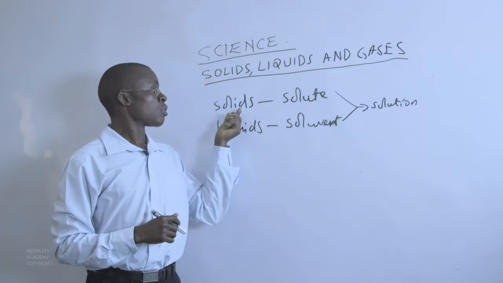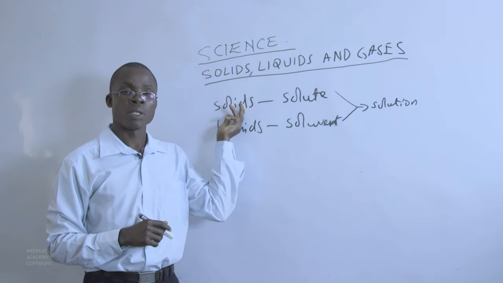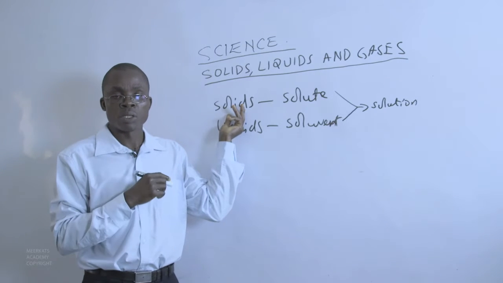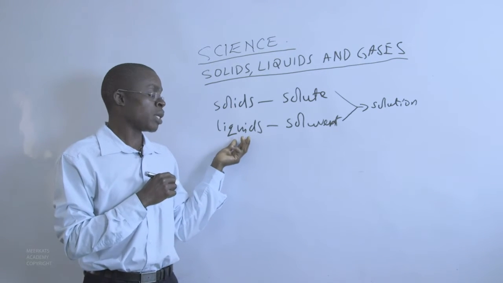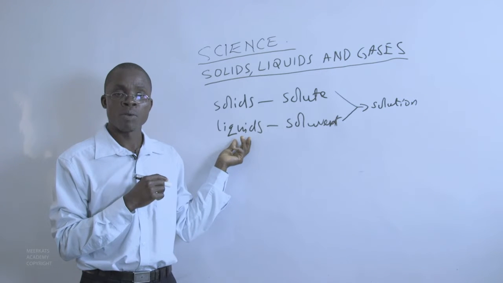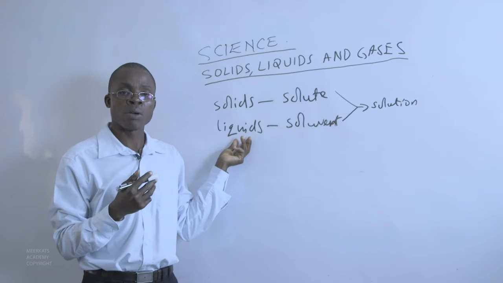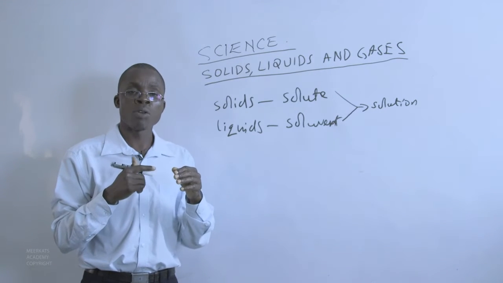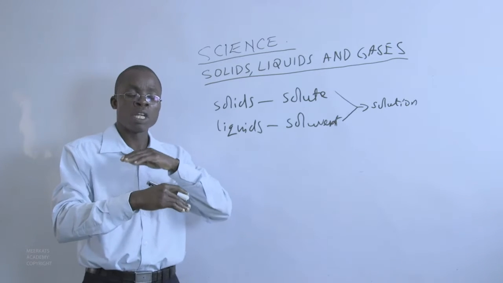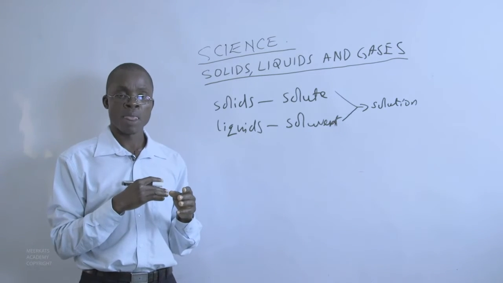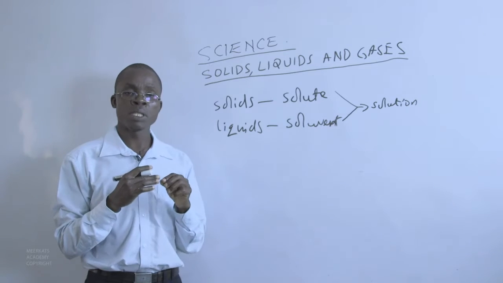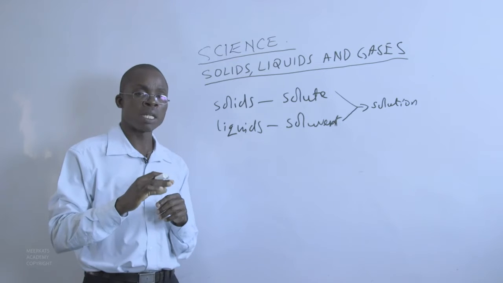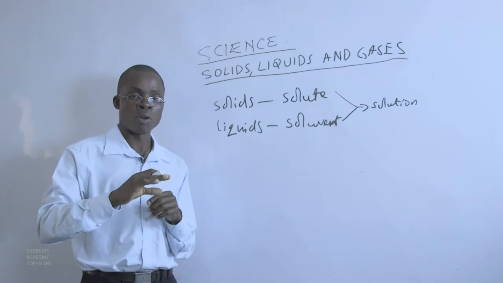We learned that particles in a solid state vibrate in a fixed position. We also learned that particles in a liquid state move, but not as much as particles in a gaseous state, and they move in such a manner that we call rolling. So particles in a liquid state roll over each other. When something is rolling, it is looking for stability; it is readjusting itself to reach a more stable state.